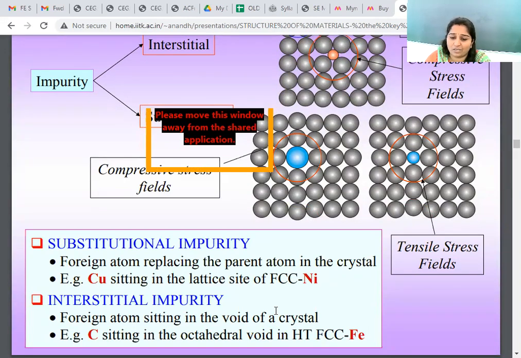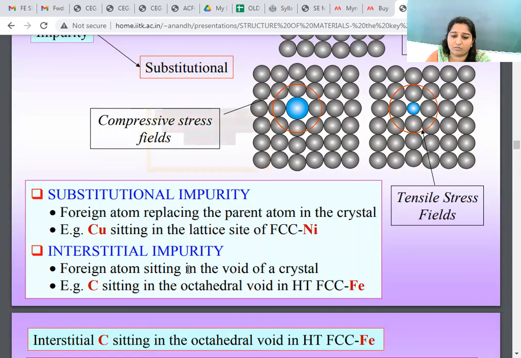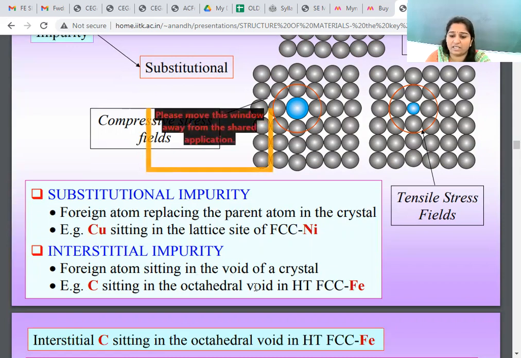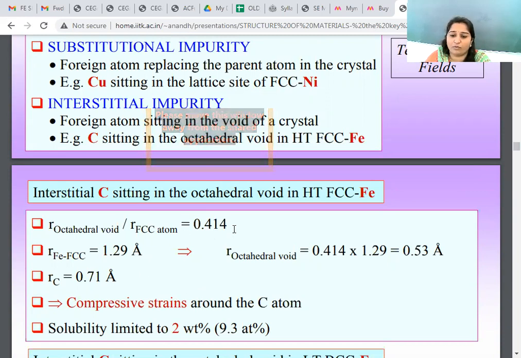For example, copper, that is Cu, sitting in the lattice site of FCC Ni, meaning nickel. In an interstitial impurity, a foreign atom sits in the void of a crystal. For example, C, meaning carbon, sits in the octahedral void in HT FCC Fe, Fe meaning iron. The ratio for interstitial C sitting in the octahedral void in FCC Fe is 0.414.